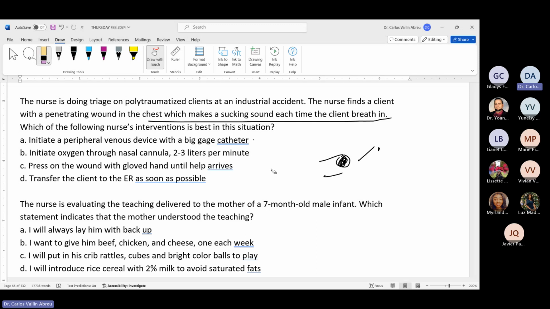This is a variation of the classical question in which this is happening in the emergency department.